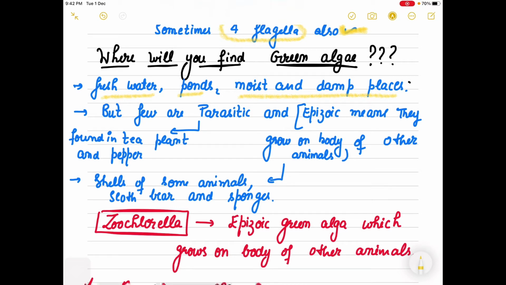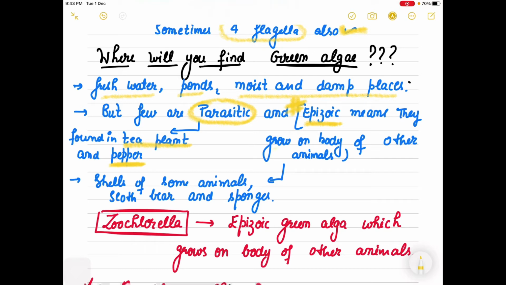But definitely a few members of the green algae are parasitic in nature. It means they live on others. In the tea plant you can find them, in the pepper plant you can find them. And one more new feature for you, that they are epizoic. Epizoic means parasitic, they need another body, they need a host.